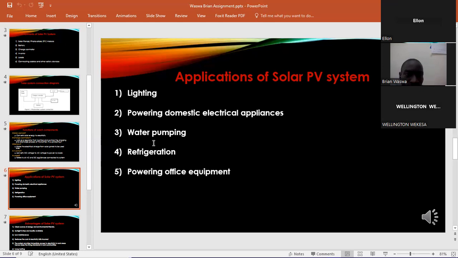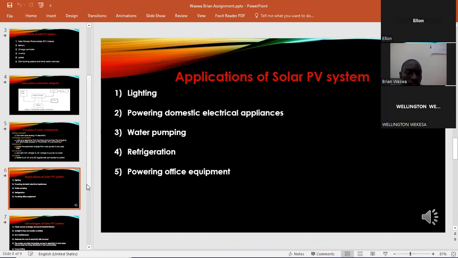Then the other application is powering of domestic electrical appliances. This may include the TV, radio, phones, and all that. Then another application is water pumping. A solar PV system can be used for water pumping. The fourth application is refrigeration. And finally, we talk of powering of office equipment in commercial setups.